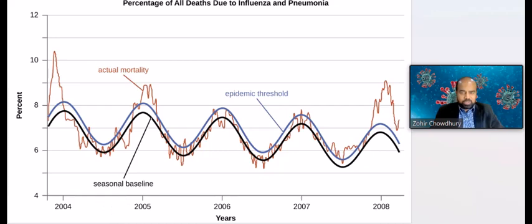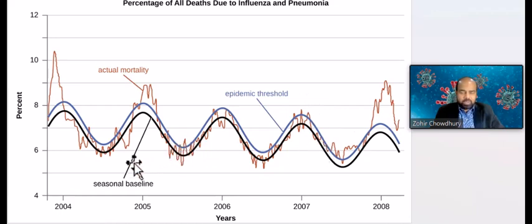For example, as shown in this figure, the seasonal epidemic threshold here is the blue curve, and this is set by CDC based on data from previous 5 years. When actual mortality rates, in this case shown in the y-axis, exceed this epidemic threshold, the disease is considered to be epidemic.